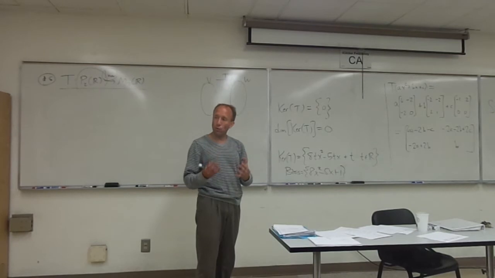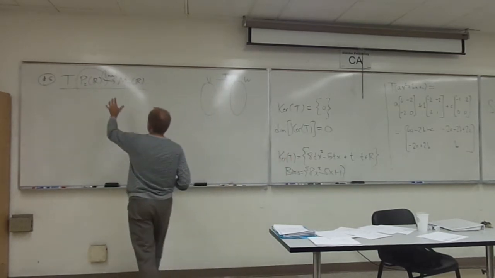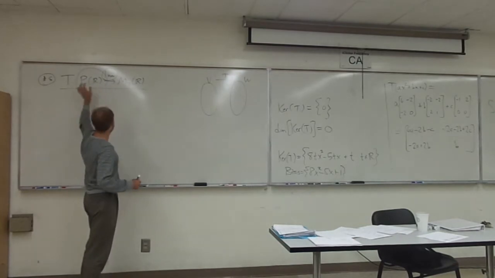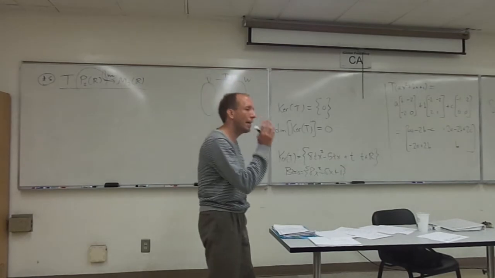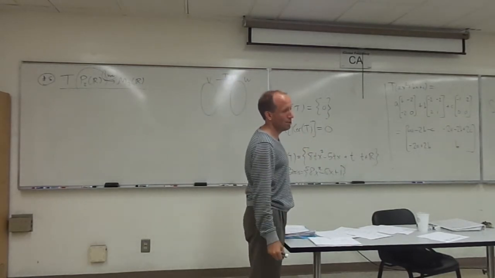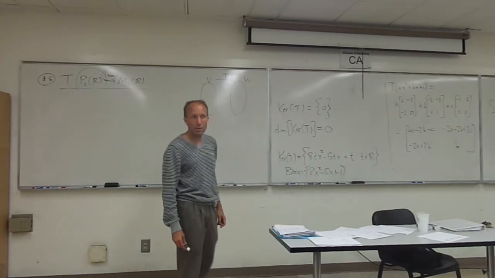So you can transform every possible quadratic polynomial, and for each one you're going to get a 2 by 2 matrix. But you might not get every 2 by 2 matrix as an output. That kind of makes sense?